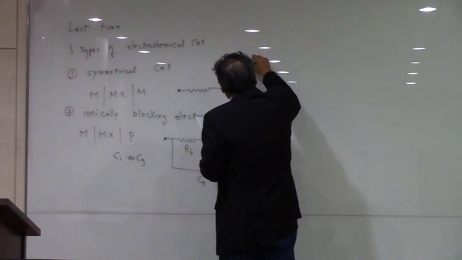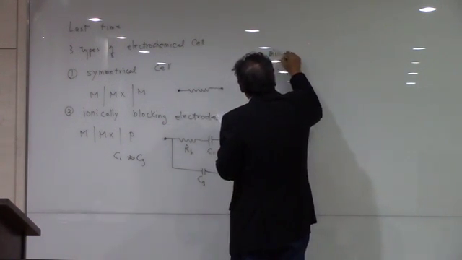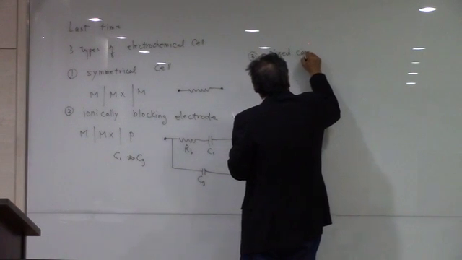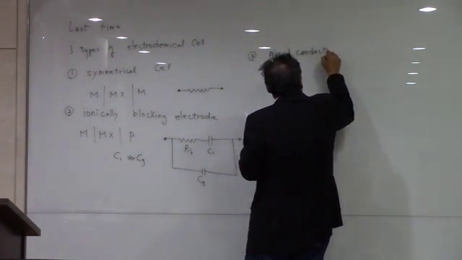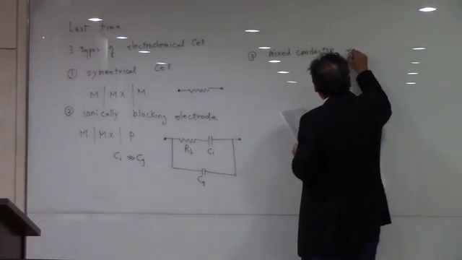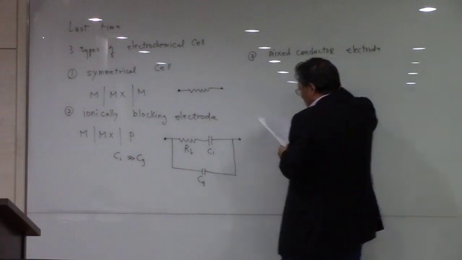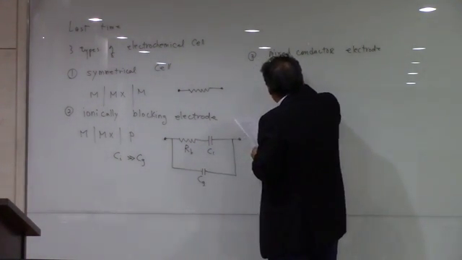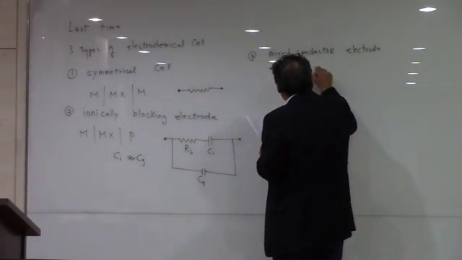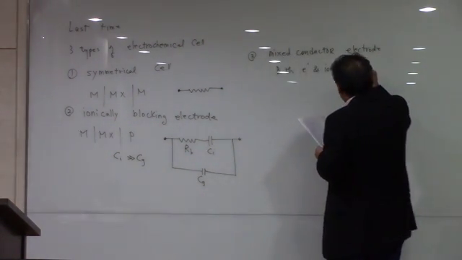And the third type is mixed conductor as a cathode, with both electrons and ions conducting.